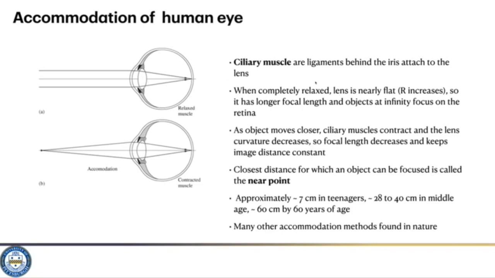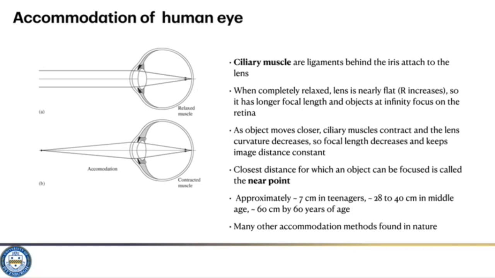And what happens is when these muscles are completely relaxed, the lens is nearly flat. So the radius of curvature is large, and so it has a longer focal length. And for objects at infinity, that focal length is essentially the distance between the lens and the retina. So we can see that an object at infinity essentially focuses down onto the retina.